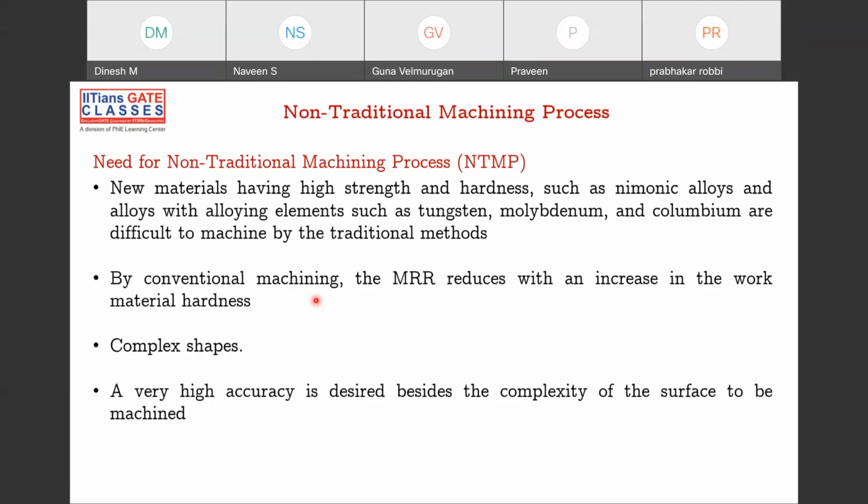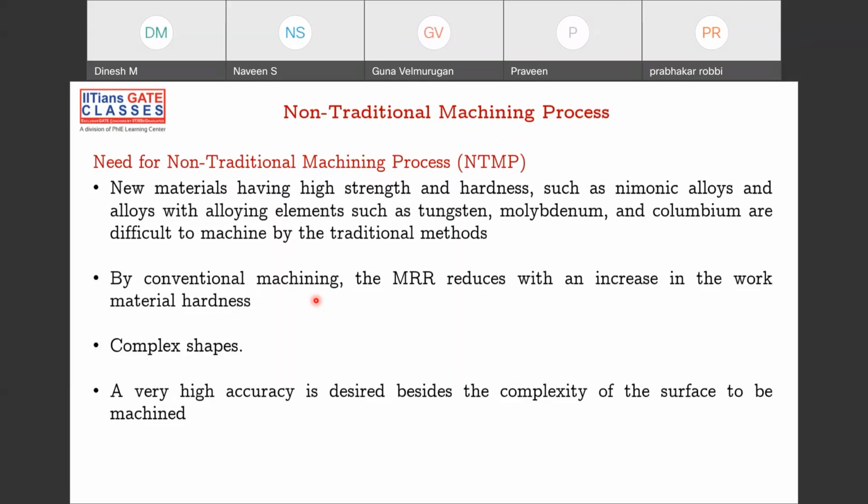And complicated shapes can be manufactured easily in the non-traditional machining process. In traditional processes like milling and lathe, the shapes are fixed. For milling, you wanted to create a flat surface, fine. For lathe, you're creating a cylindrical surface, fine. For drilling, you're drilling a hole, fine. For grinding, you're creating a good surface roughness, fine.